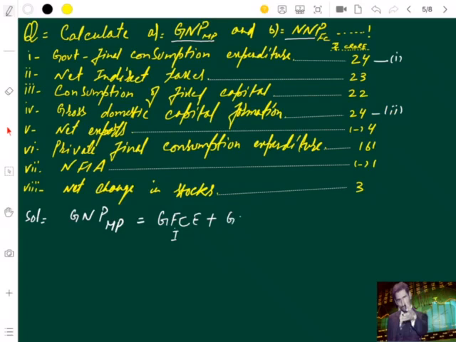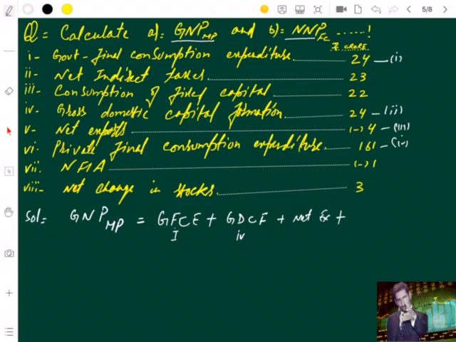It is gross domestic capital formation. We will require it. Then let us proceed. Your net exports, it has been given in the net form, so we will require it. Net exports, plus private final consumption expenditure has been given, we will require it.